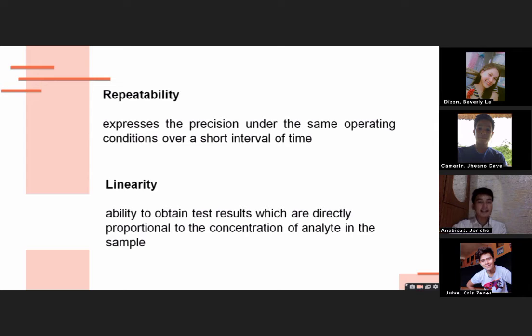And linearity: the linearity of an analytical procedure is its ability, within a given range, to obtain test results which are directly proportional to the concentration or the amount of analyte in the sample.